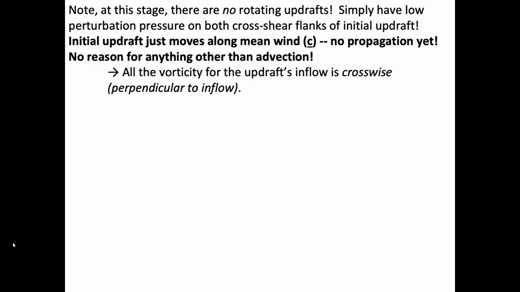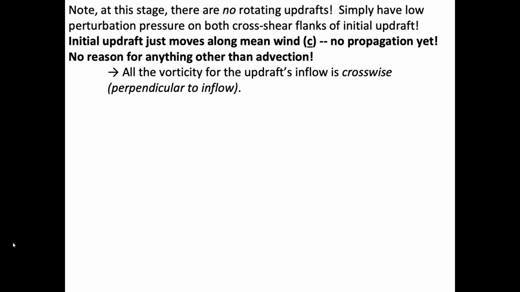Now, why is this the case? Well, we know that initial updraft, again, we're not allowing for any convective interactions along boundaries, etc. That initial updraft is just going to be moving along the mean wind, what we'll call the C vector. That is not experiencing any propagation yet. There's no propagation at this point yet. The only reason for convective motion is going to be driven by advection.